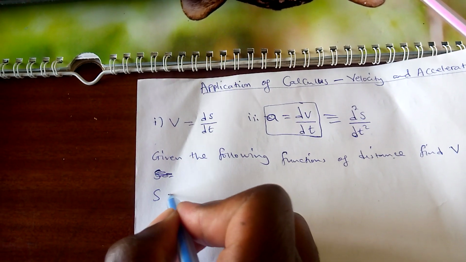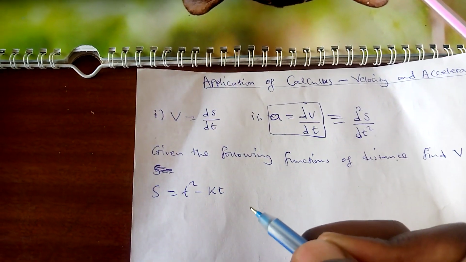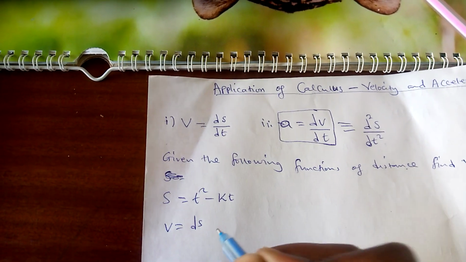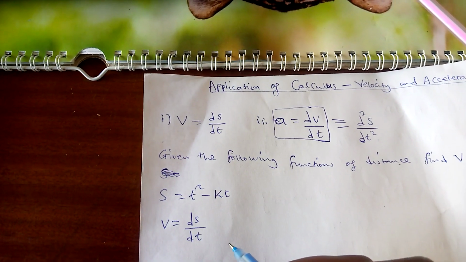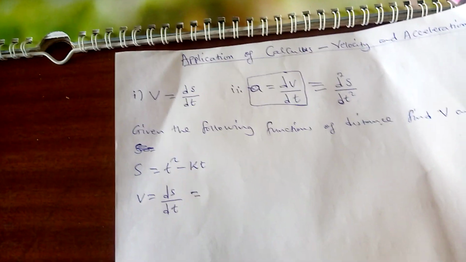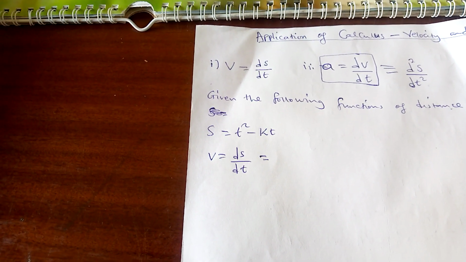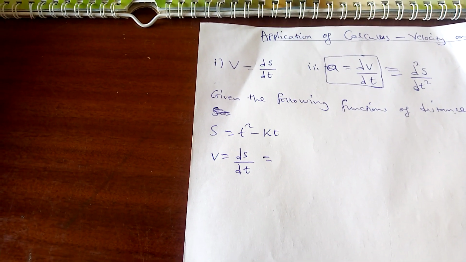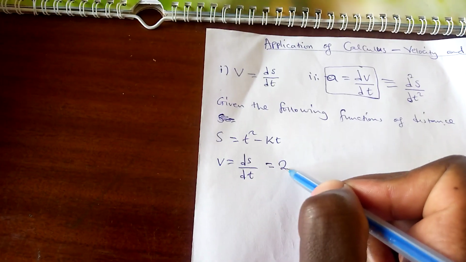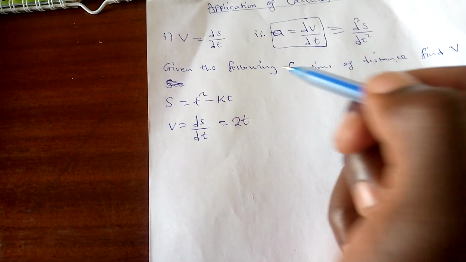So s distance is equal to t squared minus kt. So we are saying to find velocity, v is equal to ds/dt, the derivative of s with respect to t. When differentiating, you drop the power and you subtract 1 from the power.